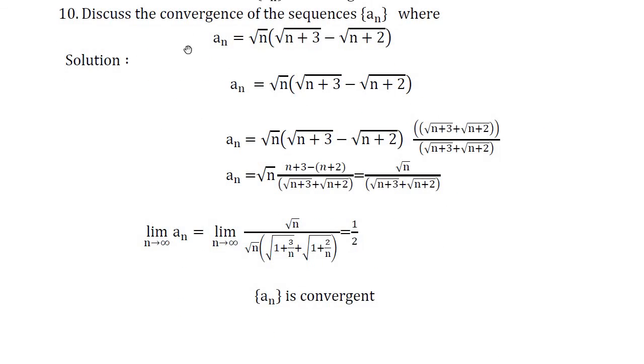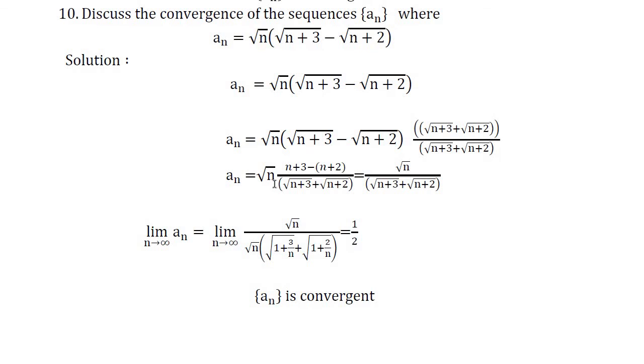Next one, discuss the convergence of the sequence an, where an is equal to root of n into (root of n plus 3 minus root of n plus 2). Consider an and multiply both numerator and denominator by (root of n plus 3 plus root of n plus 2) divided by (root of n plus 3 plus root of n plus 2).